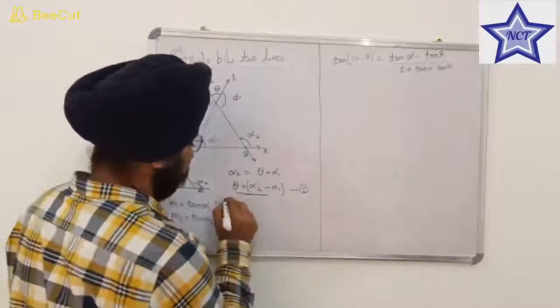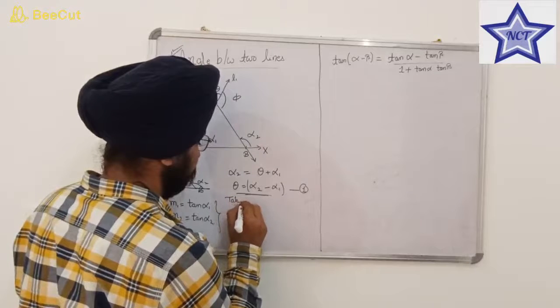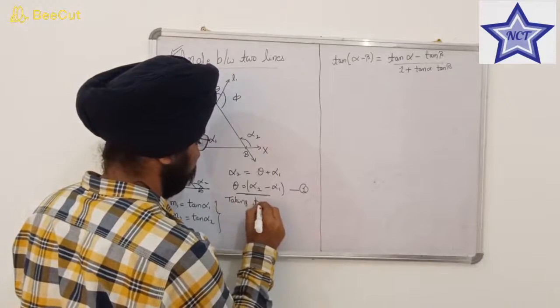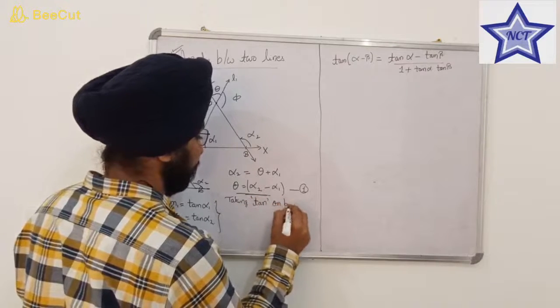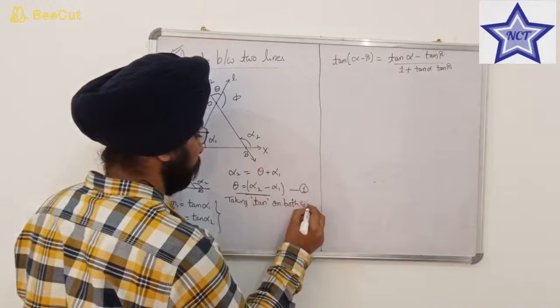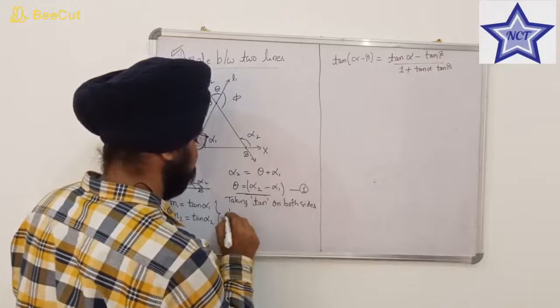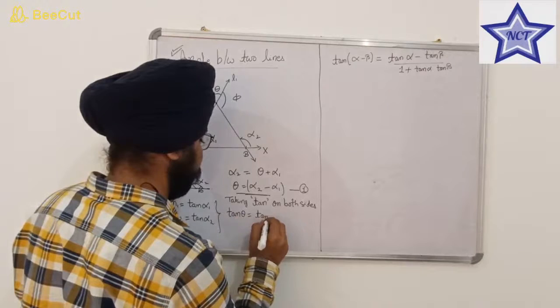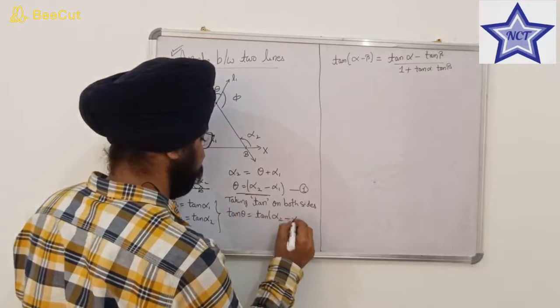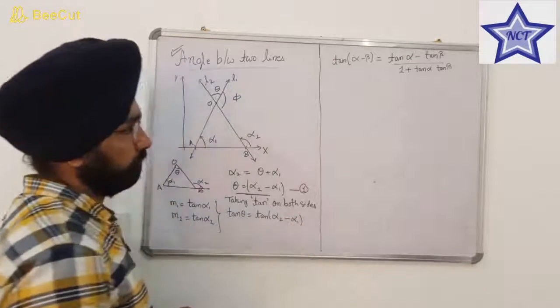Taking tan function on both sides, I get tan of theta equals tan of alpha 2 minus alpha 1.